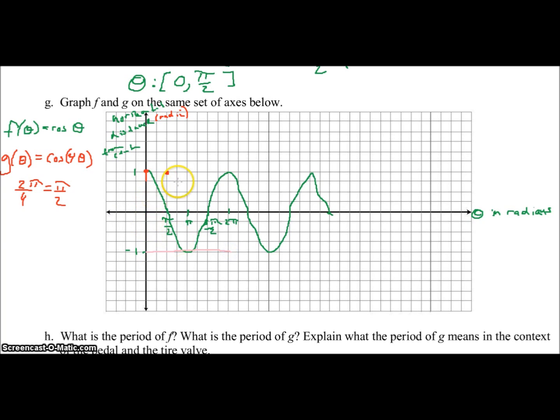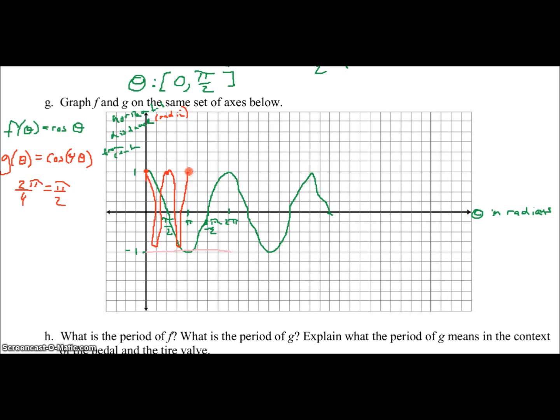That's 1 full period. We have to squeeze that in this little bitty space here. It should be periodic, with equal distances there. Not very easy to draw.